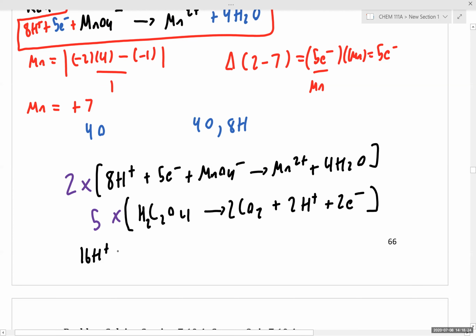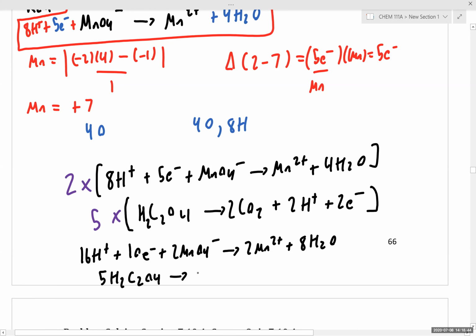So we have 16 H plus, 10 electrons, plus 2 MnO4 minus leads to 2 Mn2 plus, 8 H2O. Then we have 5 H2C2O4 leads to 2 CO2 plus 10 H plus, 10 electrons.